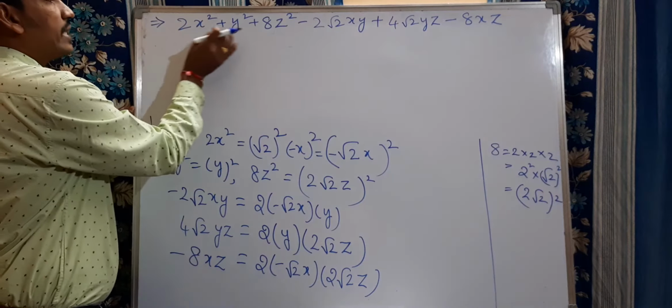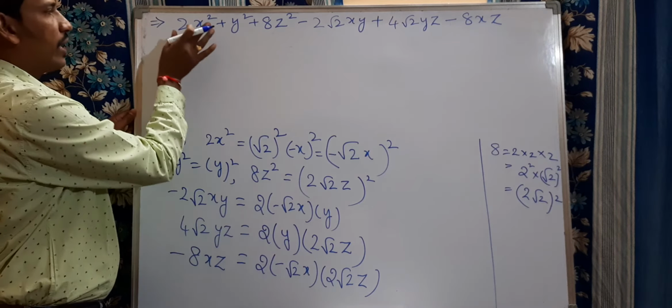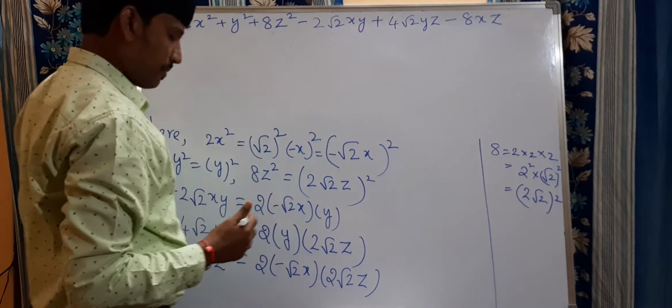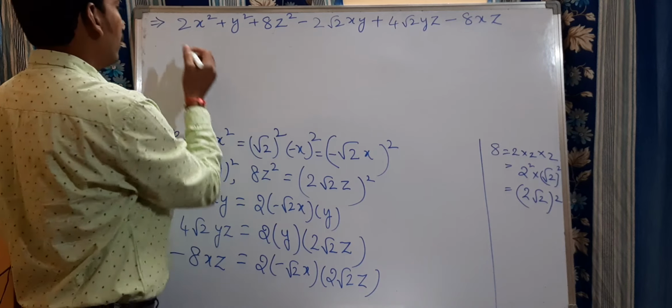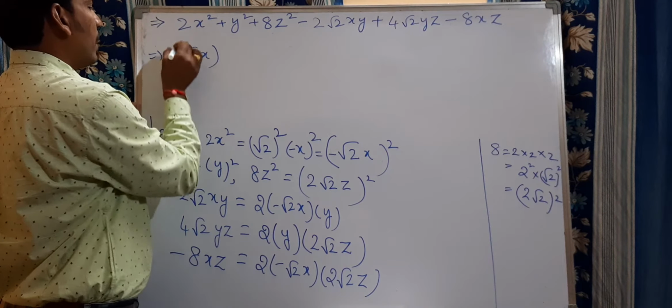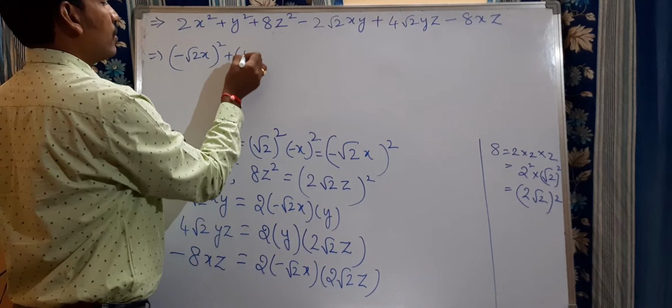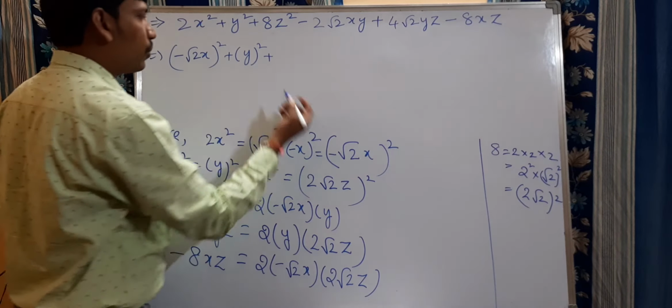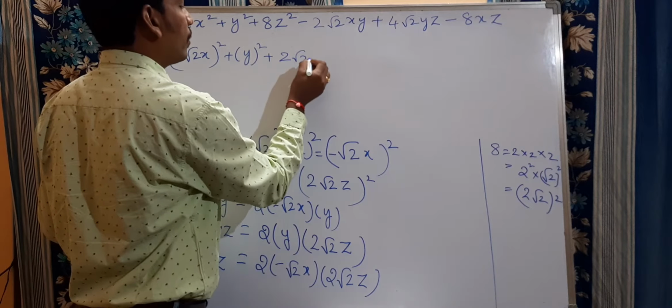Now we simplify each and every term here. These terms we are going to write in the place of 2x square, y square, 8z square and then the remaining terms. So what is 2x square? That is minus root 2x whole square plus y square, 8z square can be written as 2 root 2 z whole square.